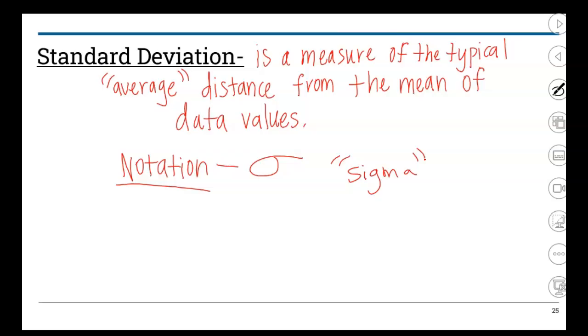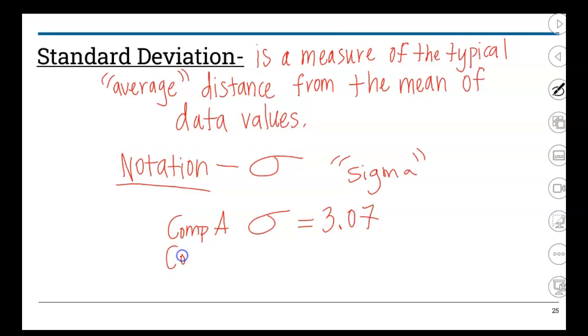So in mathematics, we use the sigma Greek symbol to represent what? The standard deviation. So on yours, what were your standard deviations for company A? What was it? Look back. 3.07, right?